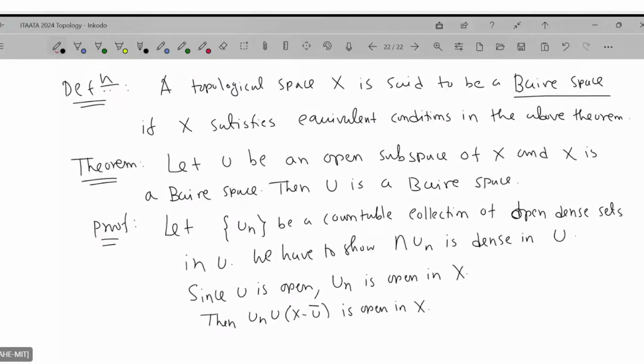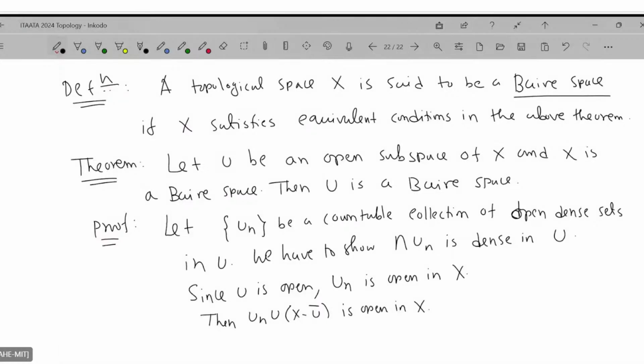Now what? Are they dense? U closure is U, and this will give the whole picture. Correct. So this is dense in X. Is it clear? Is it dense in X?